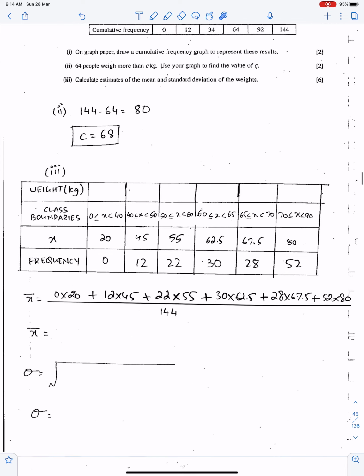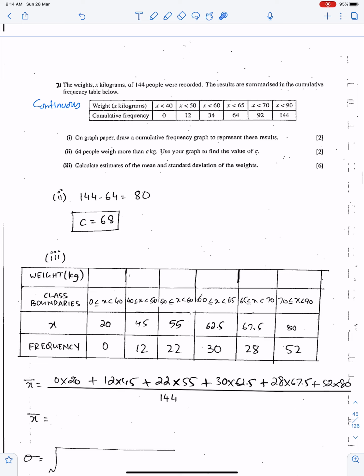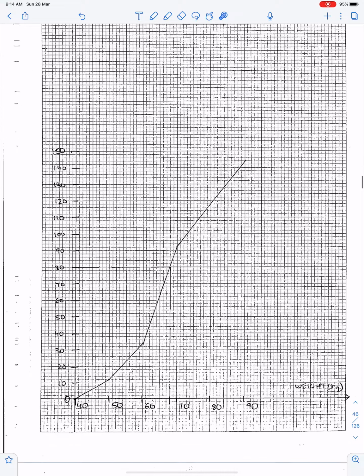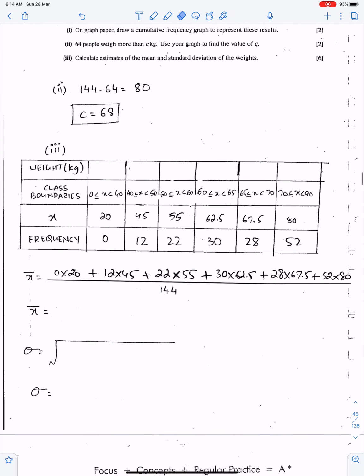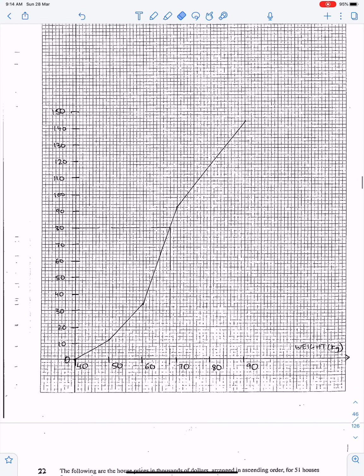Now estimate the median. You all know how to estimate the median. No, they are not asking about median. They are asking 64 people weigh more than C. Again, they are saying more. So you have to go in this way. The total is 144. So 144 minus 64 is 80.